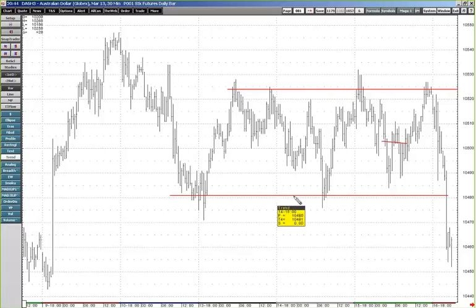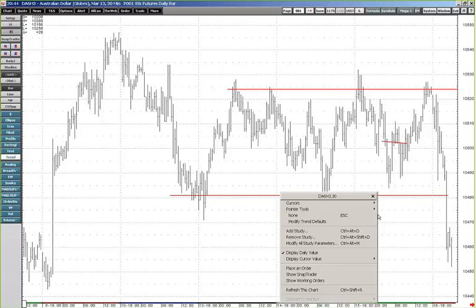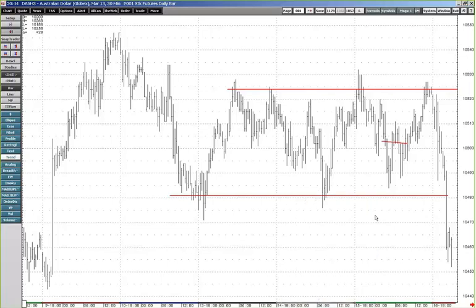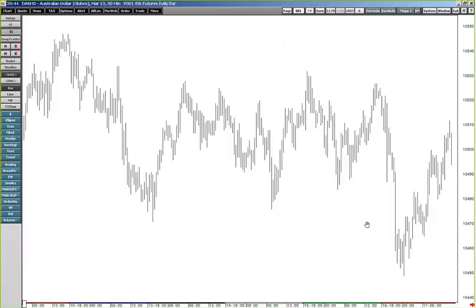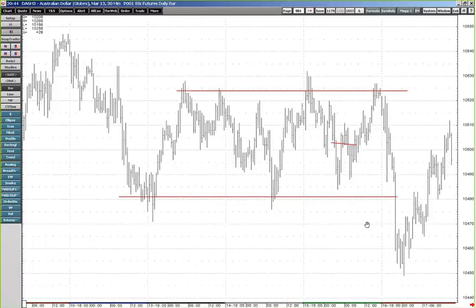Now, the high volume node represents the statistical mode of the auction range, for you mathematicians, statisticians out there. It's not necessarily the mean or the median. It's the mode. It's where there's the most incidence occurrence within that data set, in this particular instance, a range of price activity. And that's the high volume node.